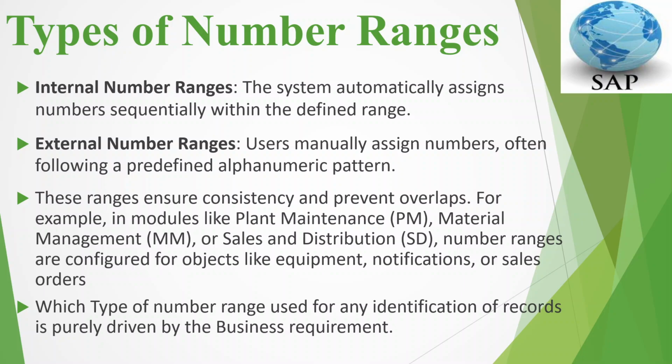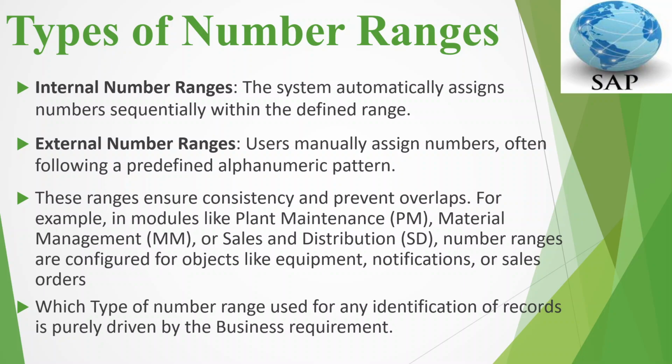So, internal number ranges: the system automatically assigns numbers sequentially within the defined range. If somebody asks you what is an internal number range, this is the answer you need to give in the interview. The system automatically assigns numbers sequentially within the defined range.